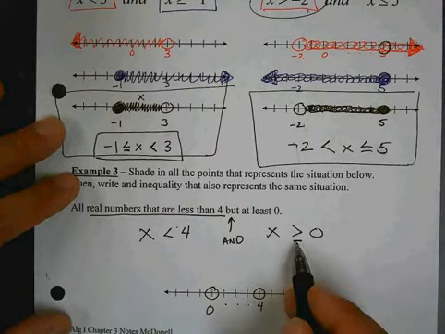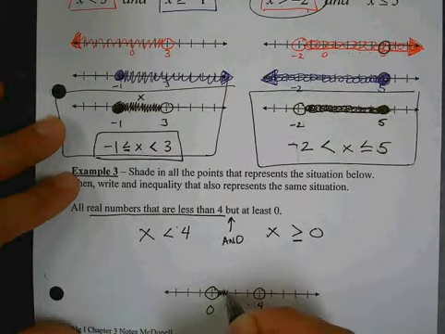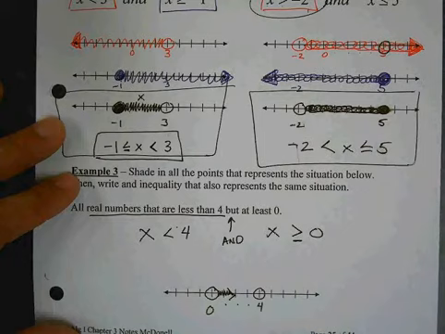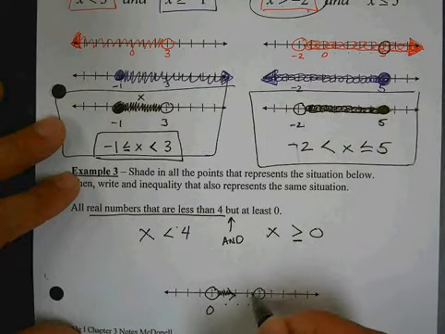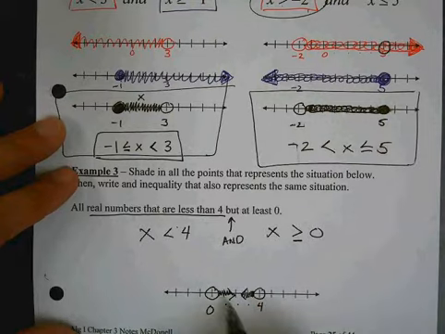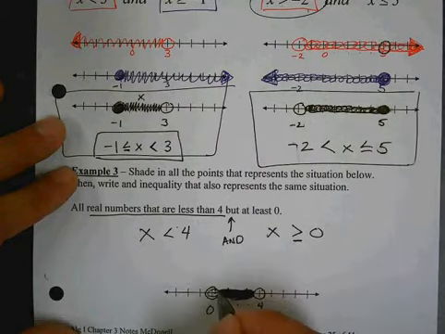Greater than 0. Which way am I going to shade? To the right. Don't go too far. Just kind of start it. And less than 4, which way am I going to shade? To the left. So where are they going to cross? Everything that's in the middle. Do I fill in either circle? 0. Okay, fill in the 0.